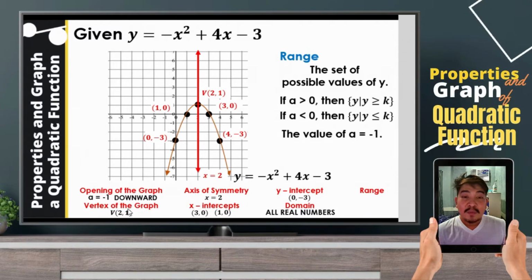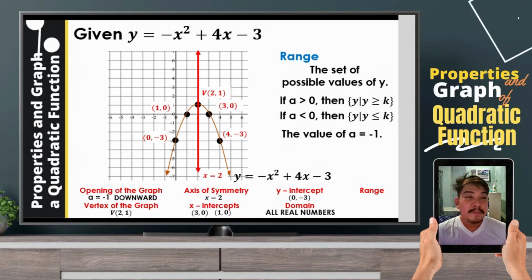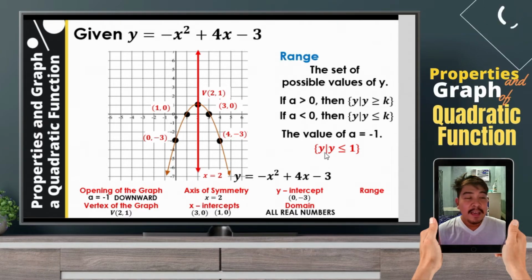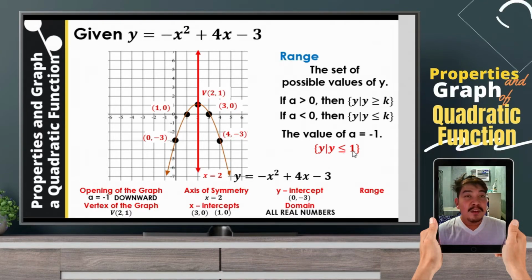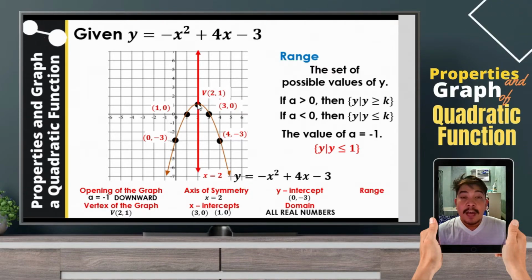Since the value of k is 1, as we solved a while ago, the range of this function will be all values of y such that y is less than or equal to 1. And if you can see, the possible values of y will be from 1 down to negative infinity.